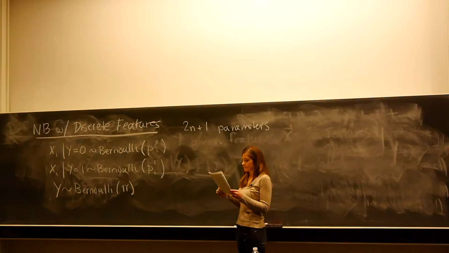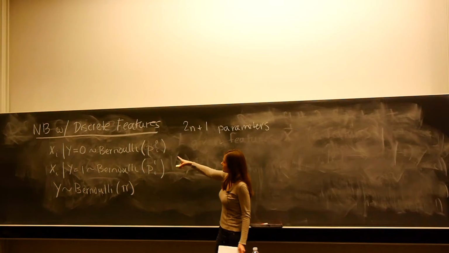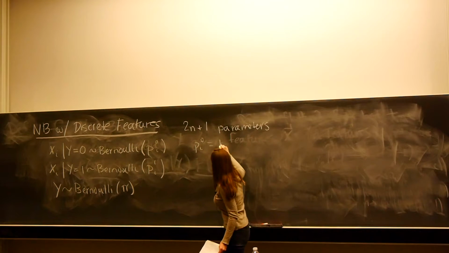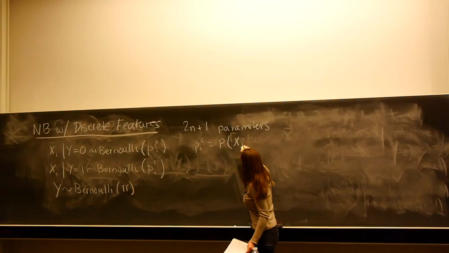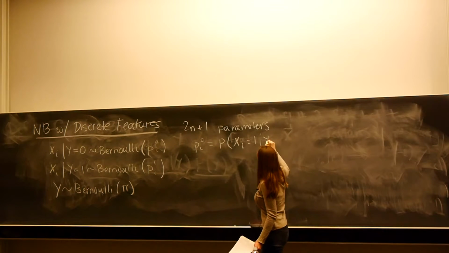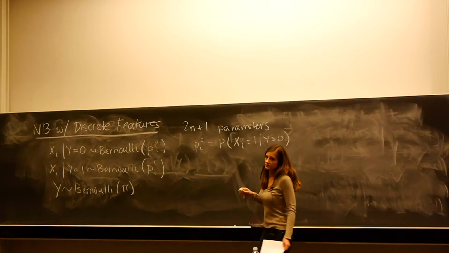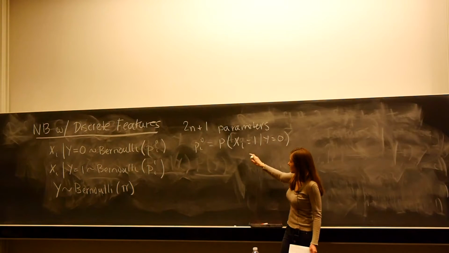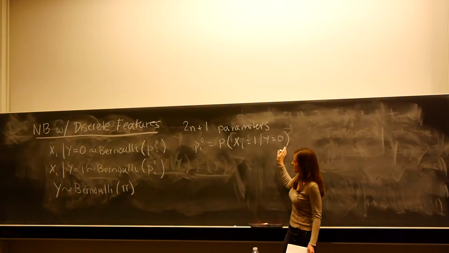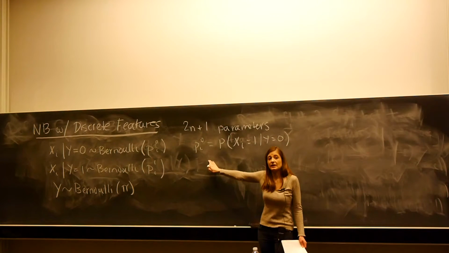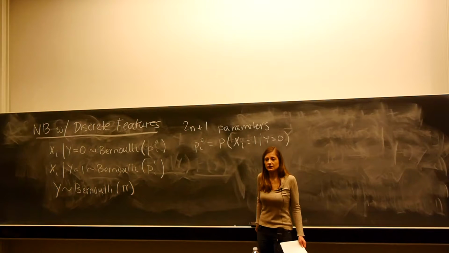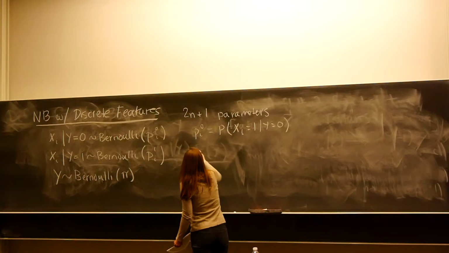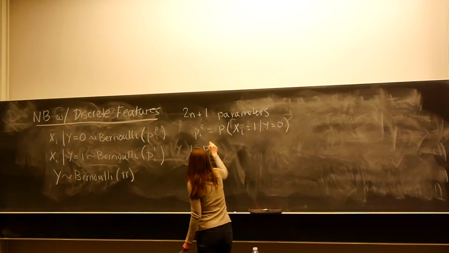So in this case, pi 0 is the probability that xi equals 1 given y equals 0, right? And one thing to note is that you can easily calculate the probability that xi equals 0 given y equals 0 without estimating a different parameter, right? Because that probability is fully specified by this, since it's given by 1 minus pi 0.